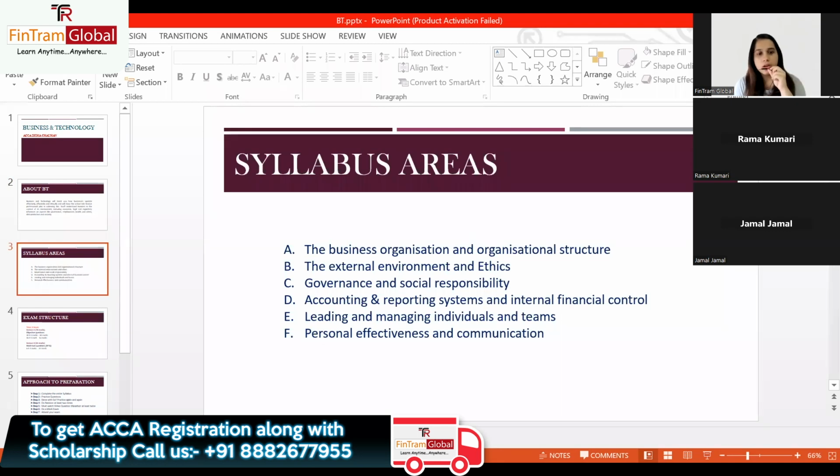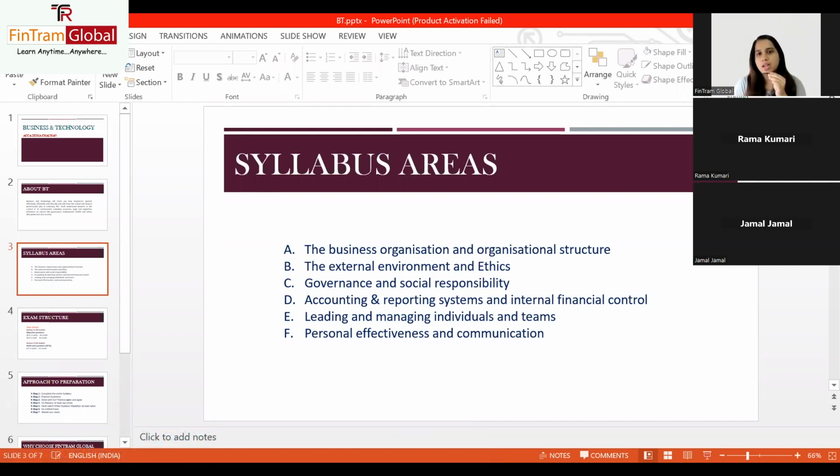So the first one is business organization and organization structure. In this one, we will be studying what exactly is a business organization, what is a stakeholder, what are the types of stakeholders, what are the different types of organization structures, and what exactly is marketing.